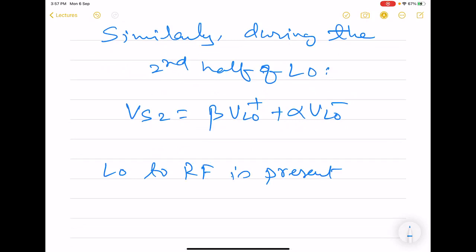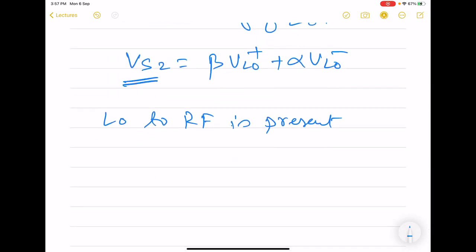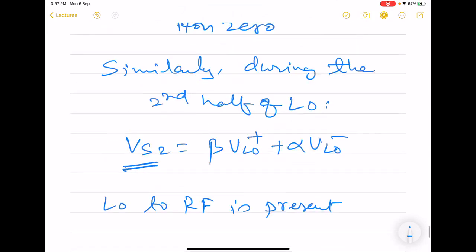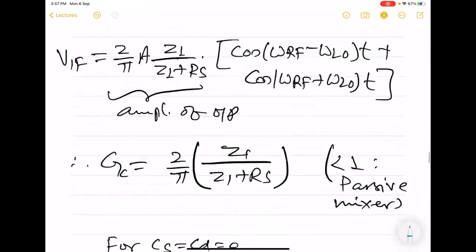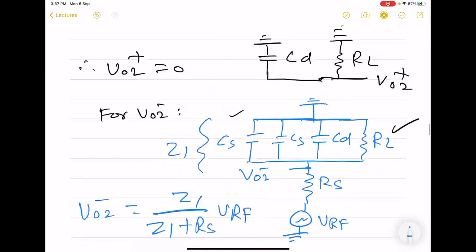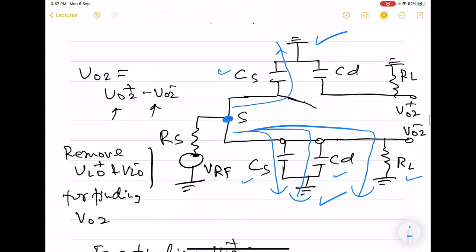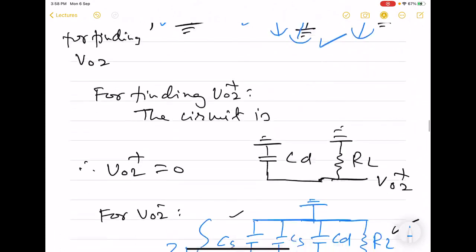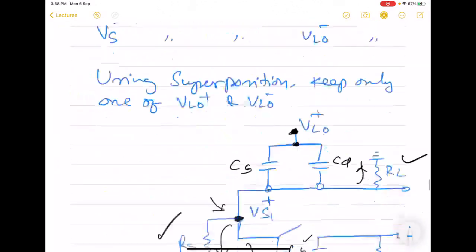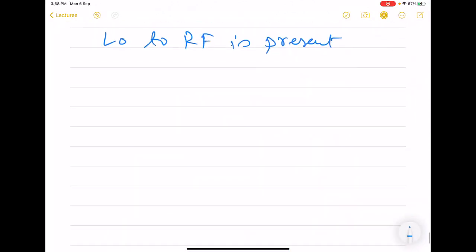Now this signal is going to get mixed with LO, because what happens in this circuit, in this mixer, is basically mixing up this RF signal with LO. So if there is any signal present here at the common source of the two MOS, then that signal will also undergo mixing with LO. So here what will happen?